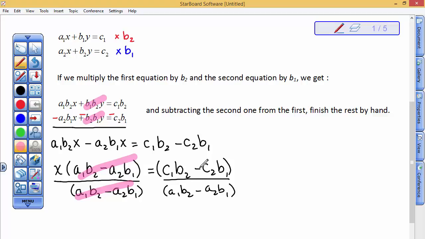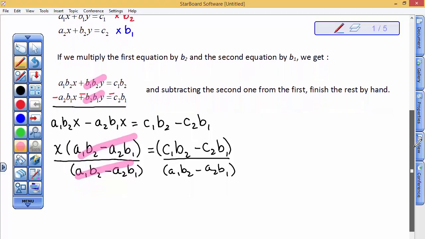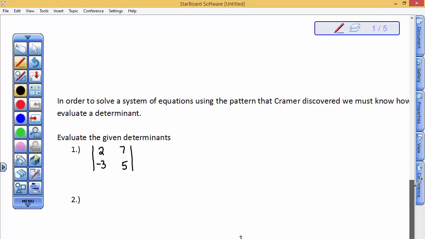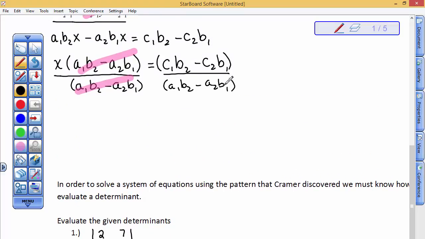So what I'm going to do first before we go solve a system is give you some practice evaluating determinants. So all we're doing is taking a column of numbers that might represent the A1, A2, B1, B2, and we're going to do this calculation right here. But you still probably can't see how I'm getting there.